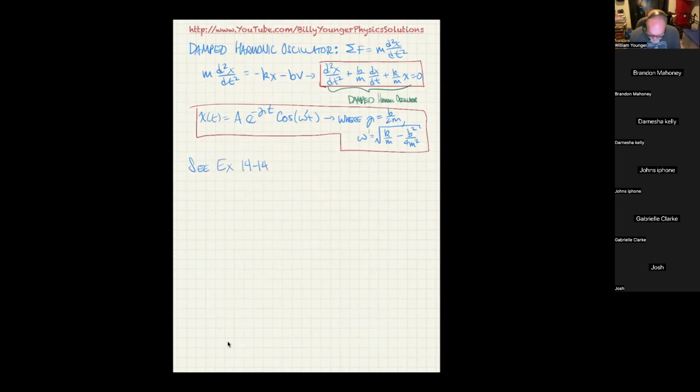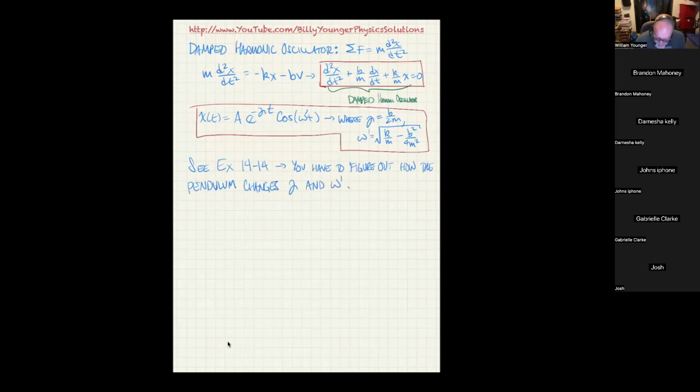In that case, you have to figure out how the pendulum changes gamma and omega prime.